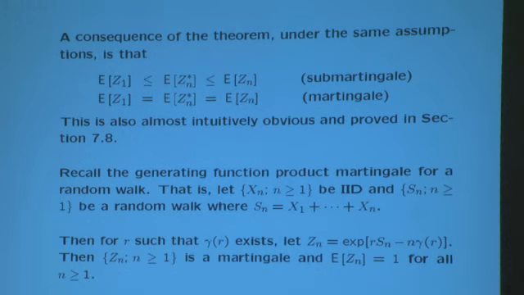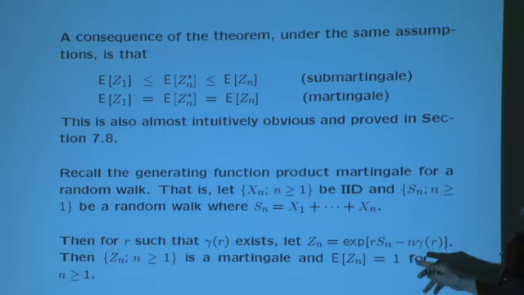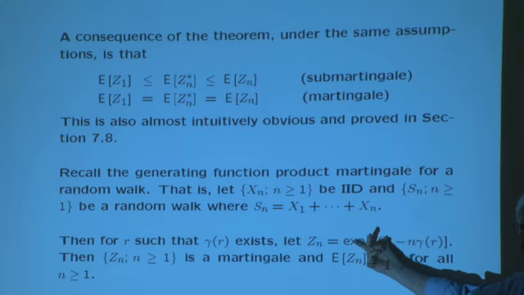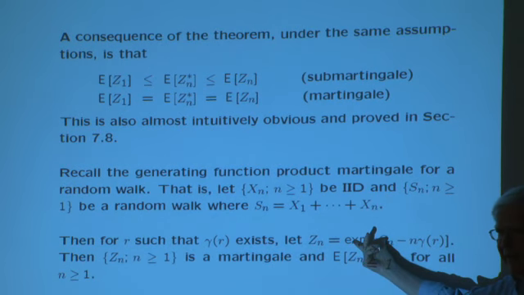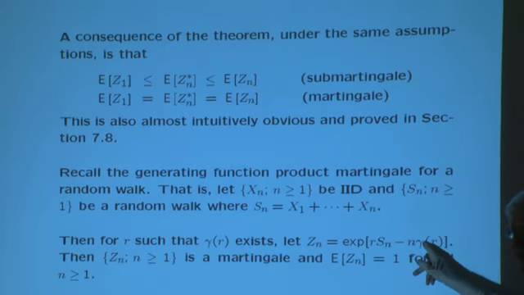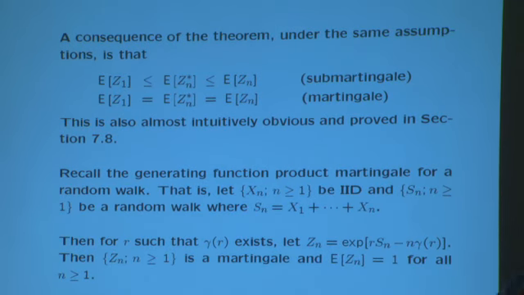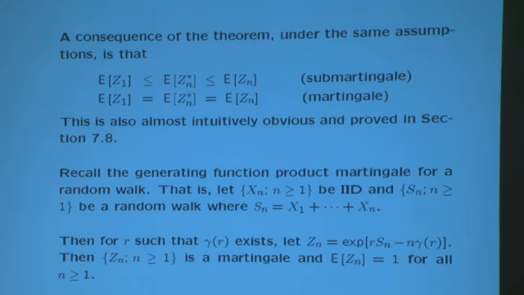The expected value of Zn is equal to 1. You can see immediately from this that the expected value of Zn is equal to 1. You don't need any of the theory we've gone through, because the expected value of e to the r Sn is what? It's the moment generating function to the nth power. That's just this term here. So this has to be equal to 1 for all n. The fact that this is a martingale comes from that example of product form martingales that we went through.